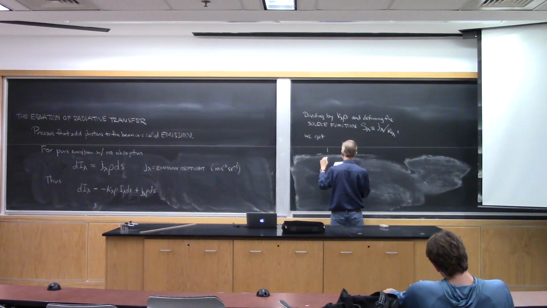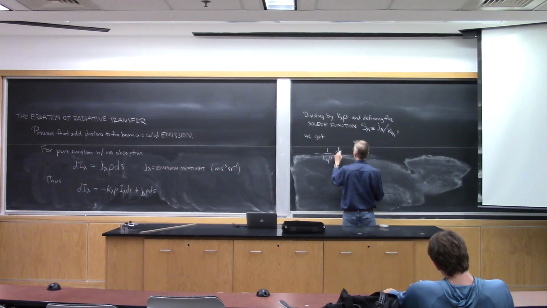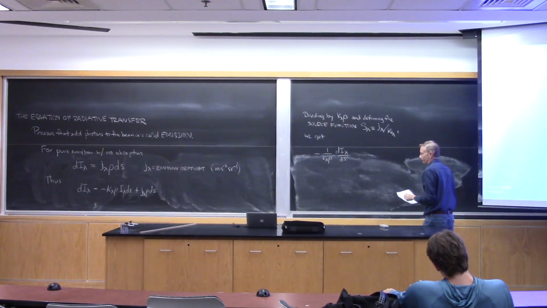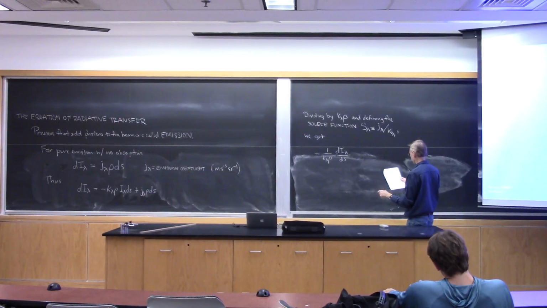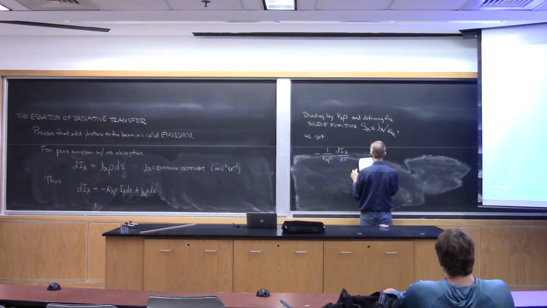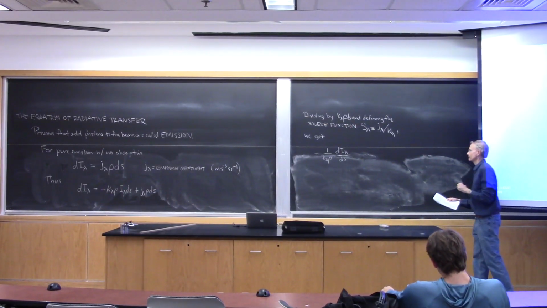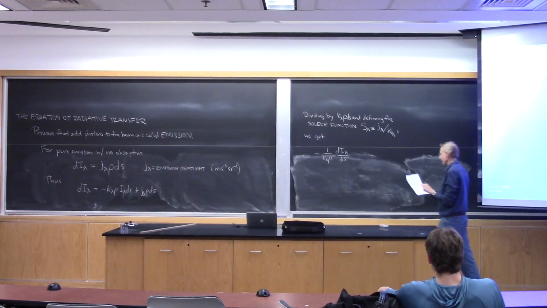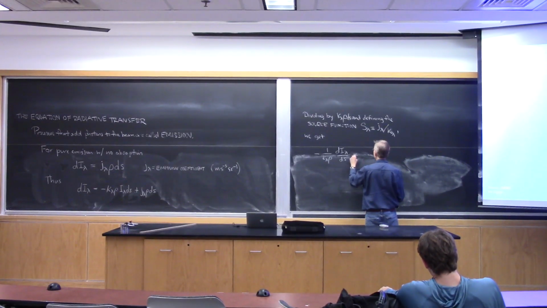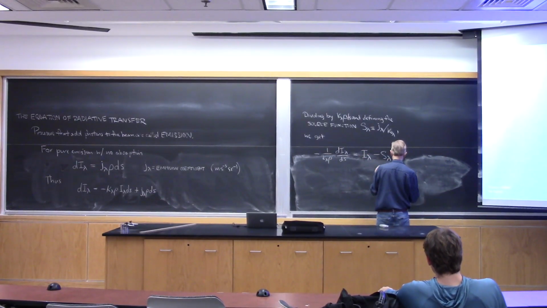minus 1 over kappa_lambda rho, because we divided through by kappa_lambda rho, dI_lambda ds, because we're actually going to divide through by kappa_lambda rho ds. I forgot to put that in my notes. Minus 1 over kappa_lambda rho dI_lambda/ds is equal to I_lambda minus S_lambda.